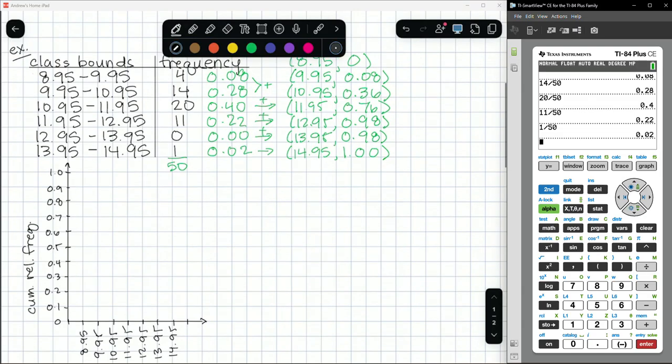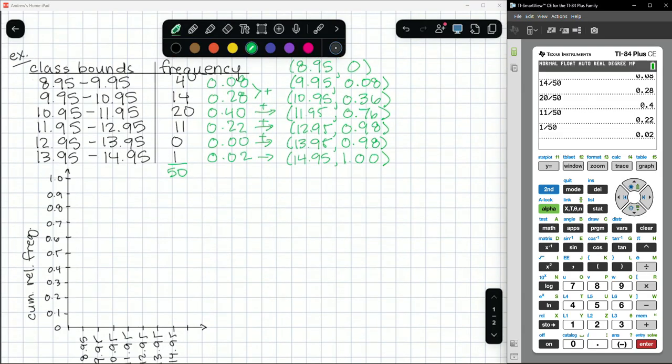And then we plot our ordered pairs. I'll go ahead and do that in green. So at 8.95, we should have 0. And then 0.08 is going to be a little bit less than 0.1. At 10.95, we're at 0.36, so right about here. And then we jump up to 0.76, which is up here. And then we jump up to 0.98, 0.98, and 1.0.